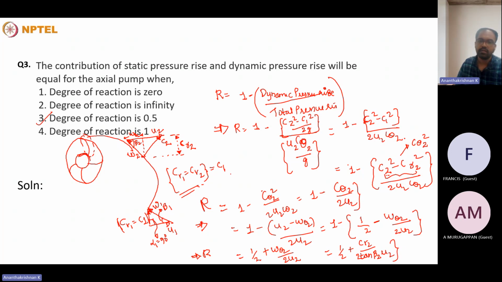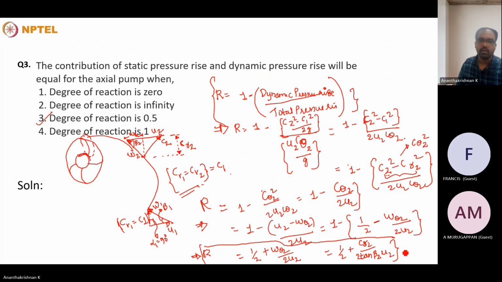So this is the final equation. We have reduced this equation from the original basic theory equations. This is the final equation of degree of reaction that takes into account the flow velocity term at the outlet, the blade velocity, and the blade angle term.